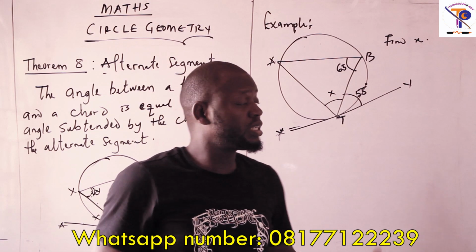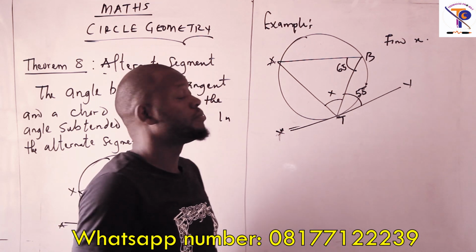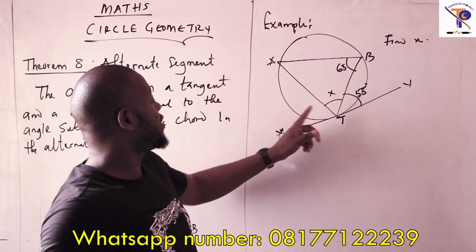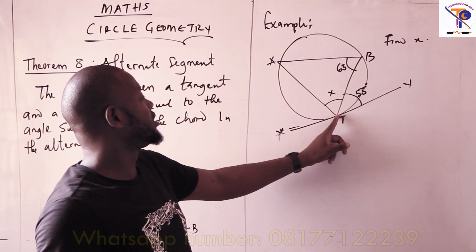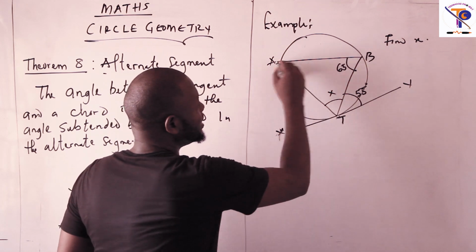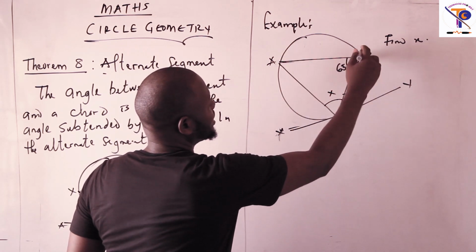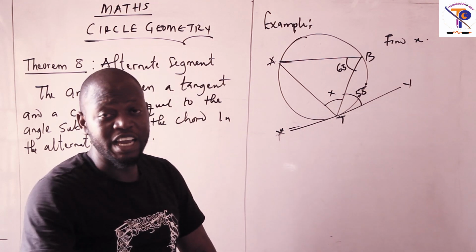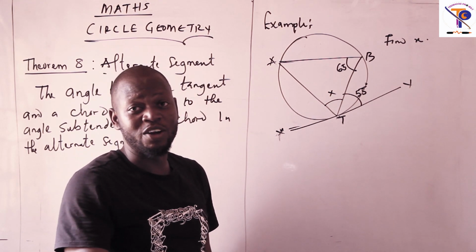Let's check this question up. Alright, let's pay attention to this question. We have our tangent, the point of tangency, and I just noticed that there is a triangle connected to my tangent, so I am sure there is an alternate segment there.